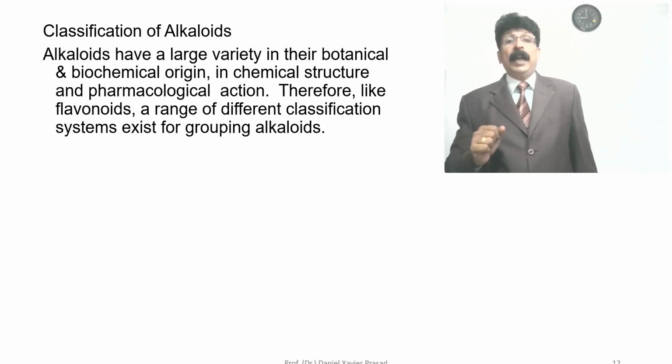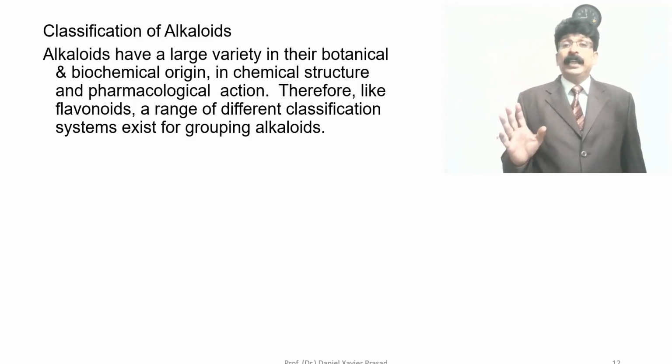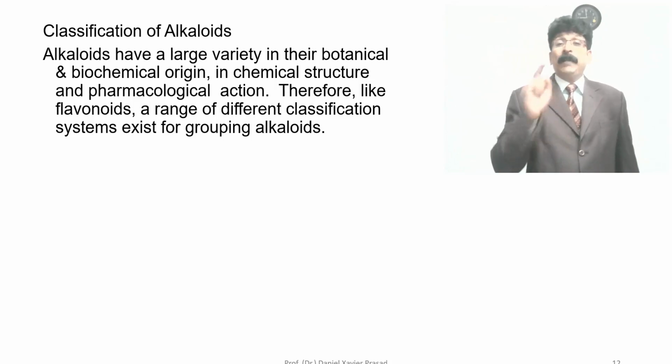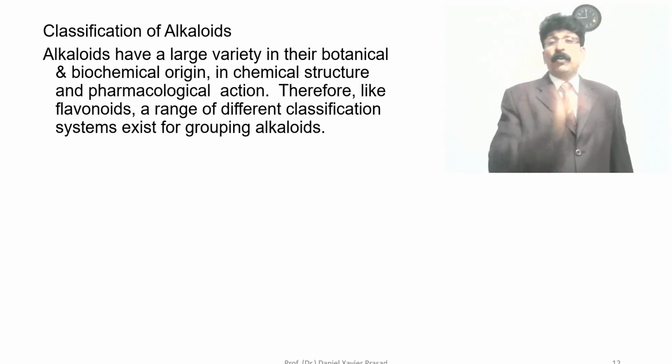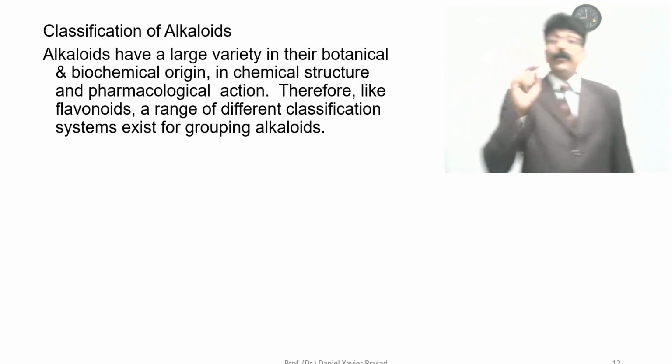Now the classification of alkaloids. Alkaloids have a large variety in their botanical and biochemical origin, chemical structure and pharmacological action, so like flavonoids, a range of different classification systems exist.